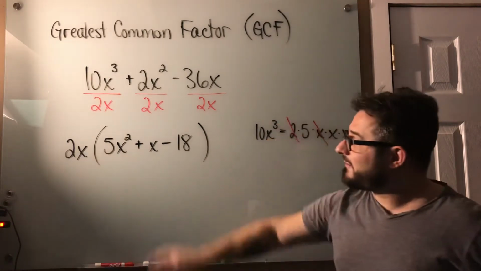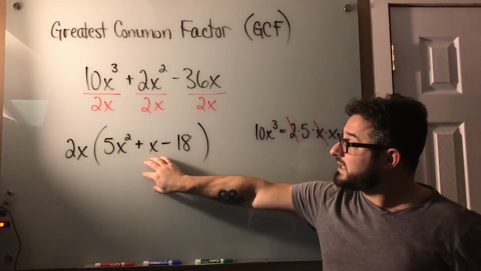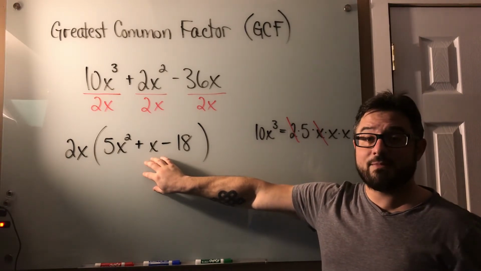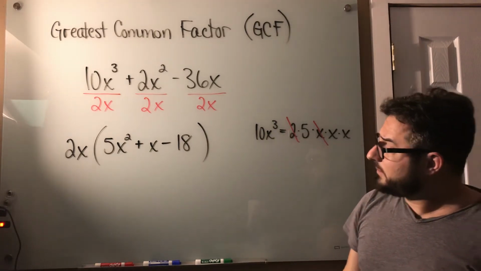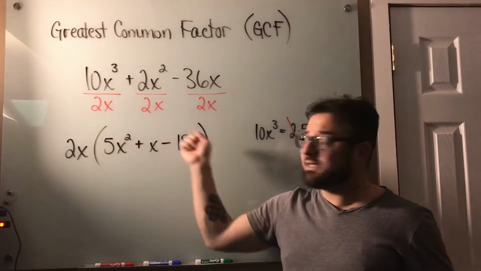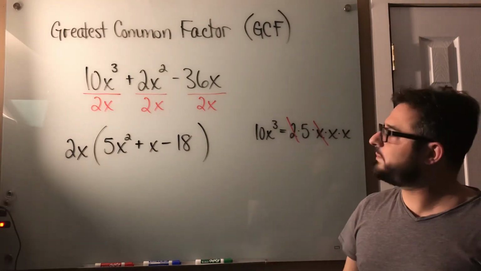And now this we can factor by the more typical means, in this case the AC method, which we're not going to get into here, but the idea is that the GCF gives us a way to reduce the degree. Not always, but often.